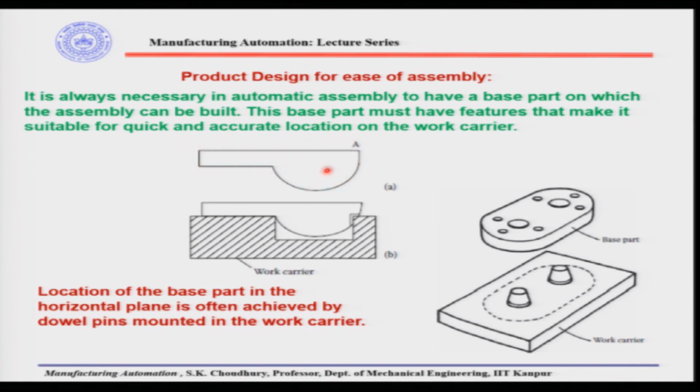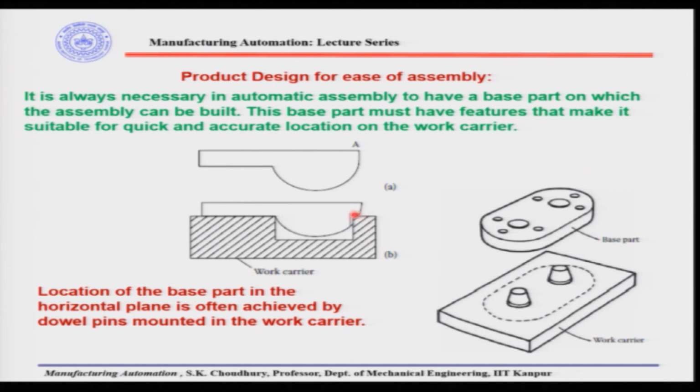Now, this is a work carrier. When this base part comes onto the work carrier, it will be unstable, because any force you impart at this point will actually rotate the part, as it will be touching these two edges.